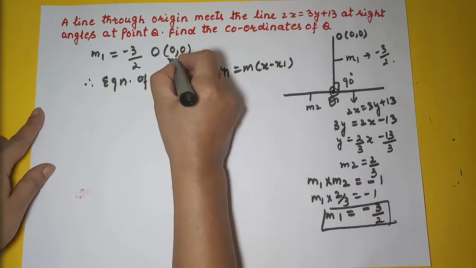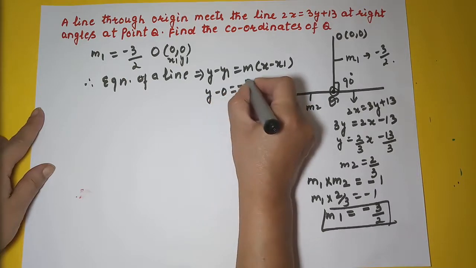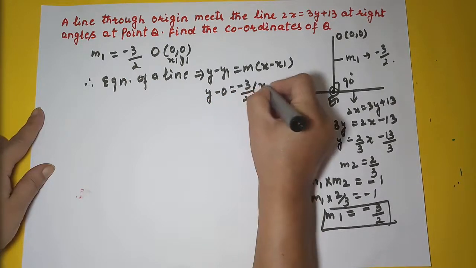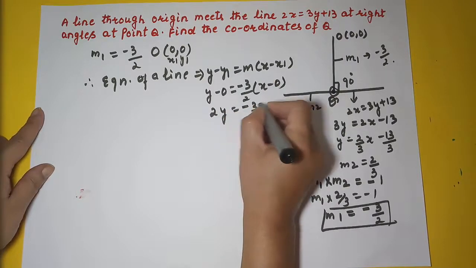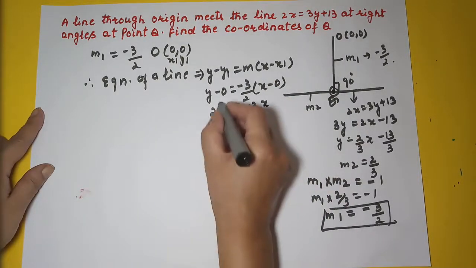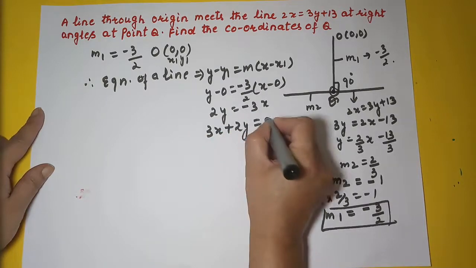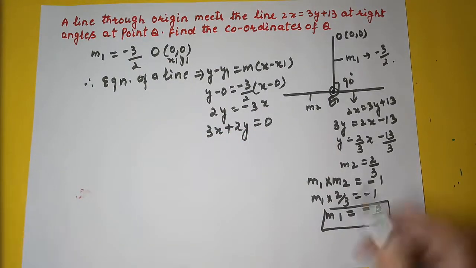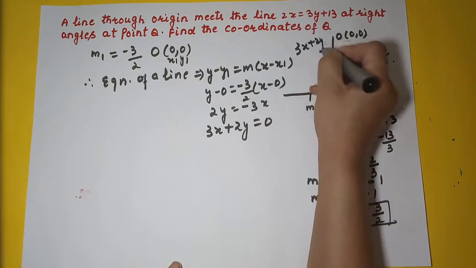So this is my x1 and y1. So y minus 0 is equal to -3 by 2 into x minus 0. So 2y is equal to -3x. So if I shift this to this side, I'll get 3x plus 2y equal to 0. Fine. Now I have the equation of this line as 3x plus 2y equal to 0.